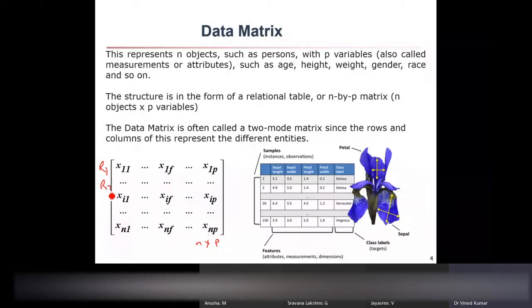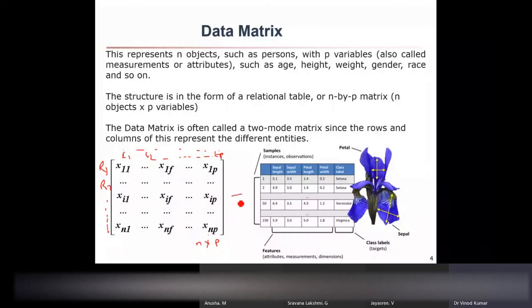These are the different tuples, and these are the columns, C1, C2, up to Cp. We can also say the columns represent the attributes, and each row is a particular instance.